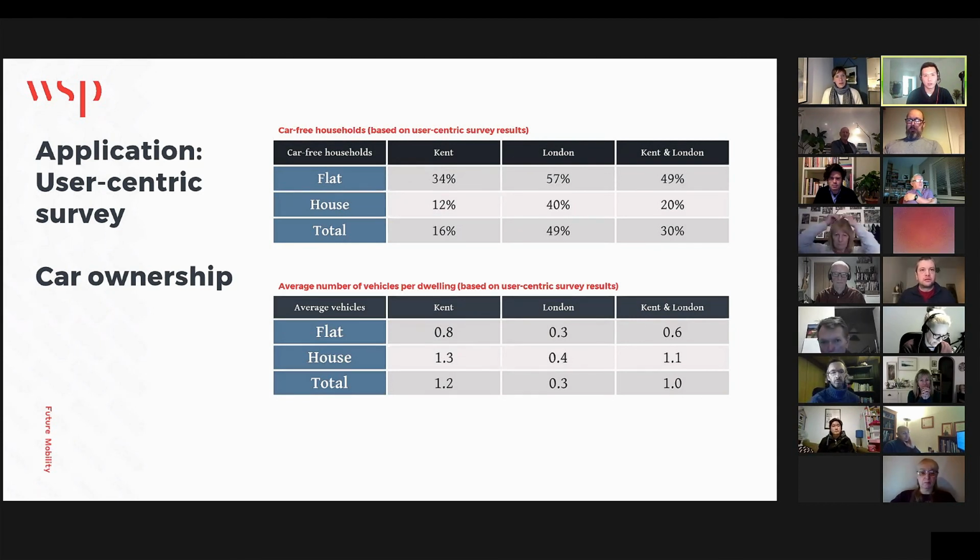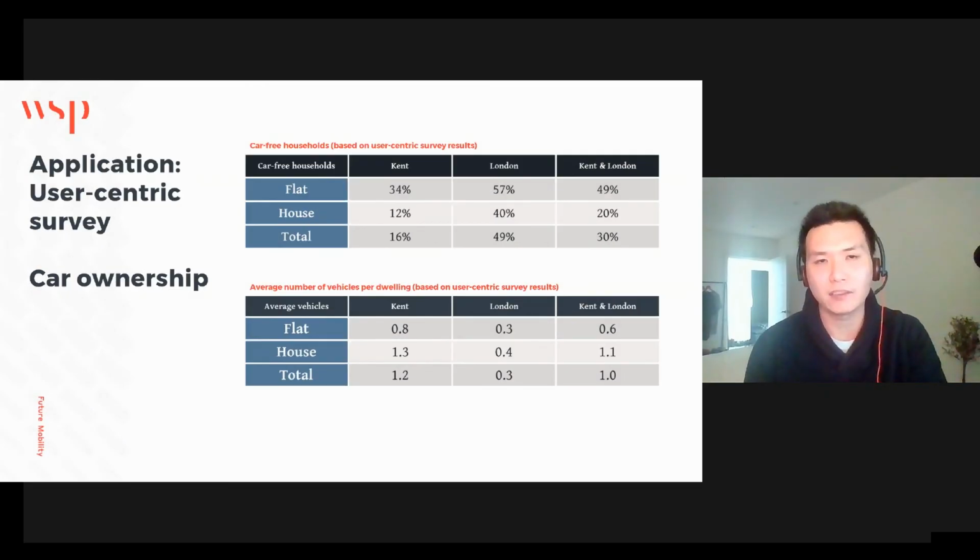The table below that is an estimate of the average number of vehicles per dwelling, and again, split out between flat, house, and total, and then Kent, London, and London and Kent. As you would expect, Kent has a higher car parking rate than London. So on average, it's 0.8 for flats in Kent and drops down to 0.3 in London.